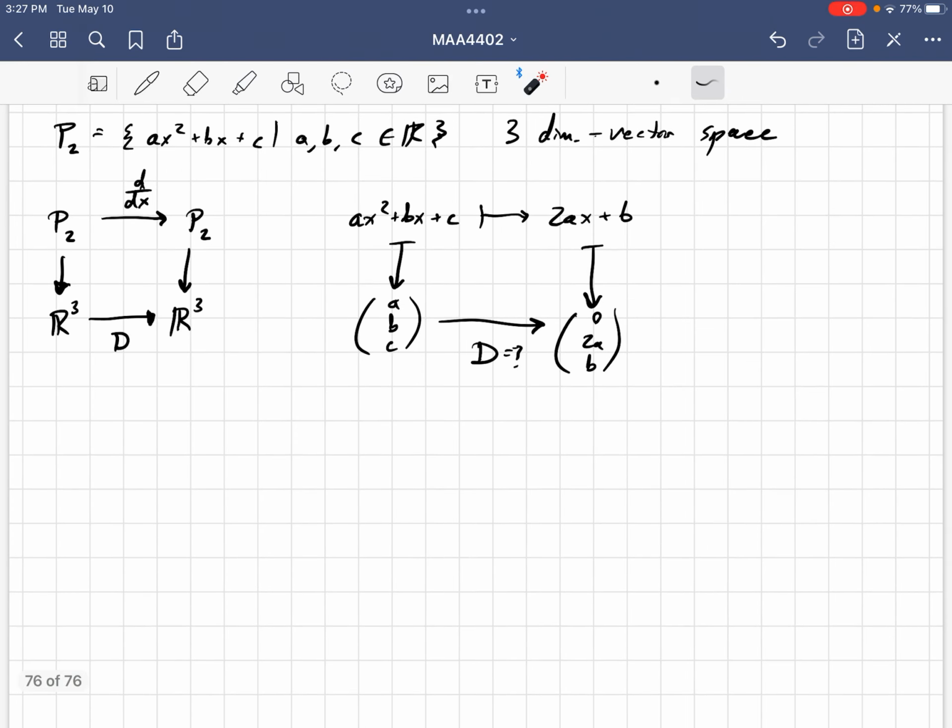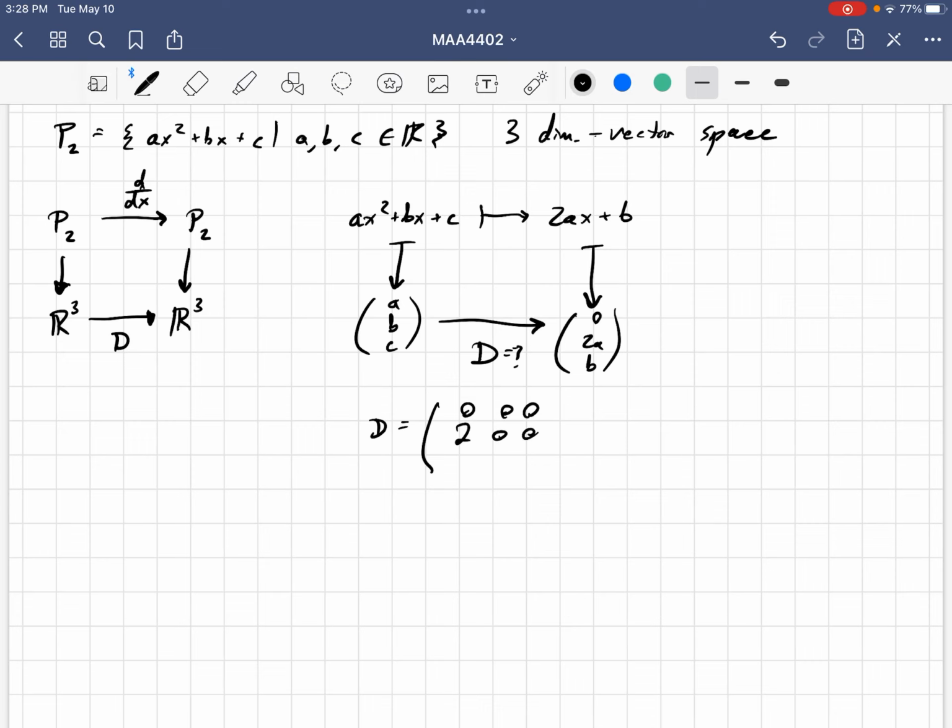And D is not that hard to find in this particular example. It would turn out to be, well, the first row would need to be all zeros because we have a 0 here. And then the next row, we'd need a 2 contribution from the a, and then zeros for the rest.